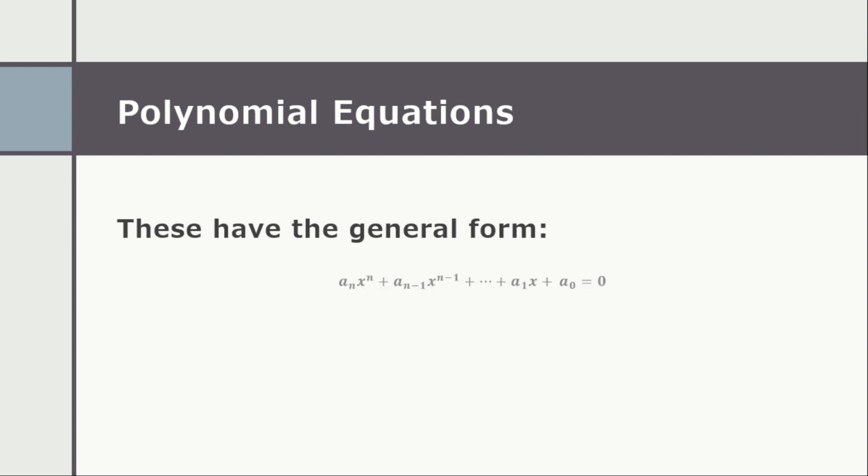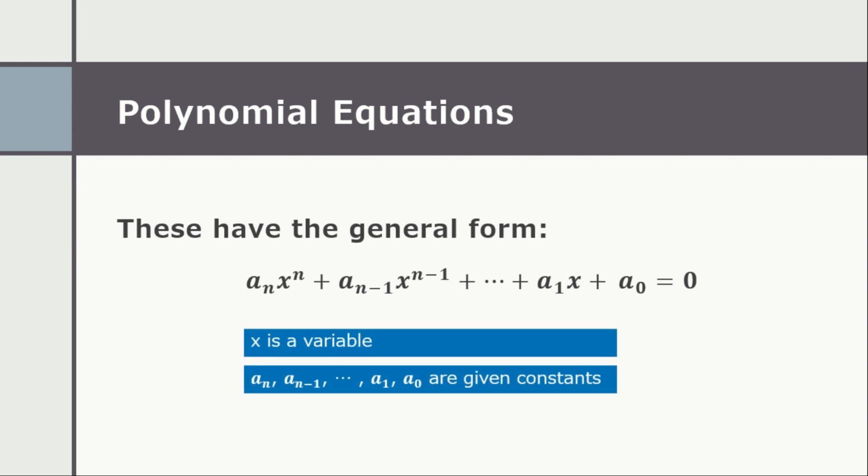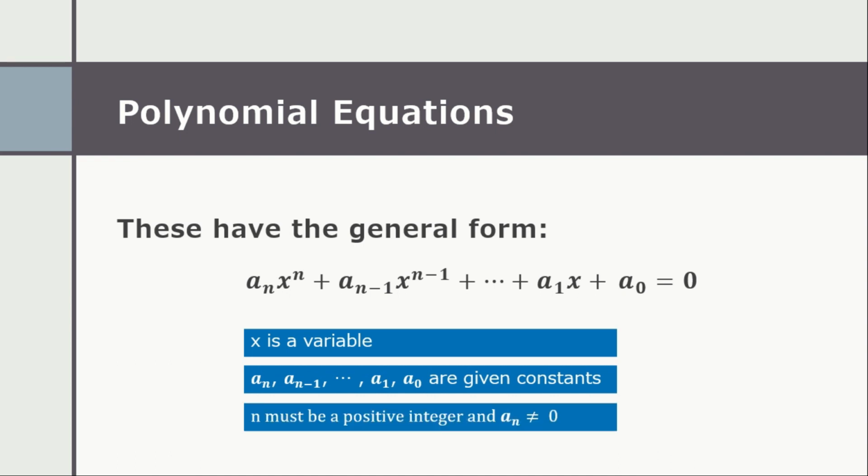These have the general form of a polynomial equated to 0, wherein again, x is a variable, a sub n, a sub n minus 1, and so on and so forth are given constants, and n must be a positive integer and a sub n is not equal to 0.